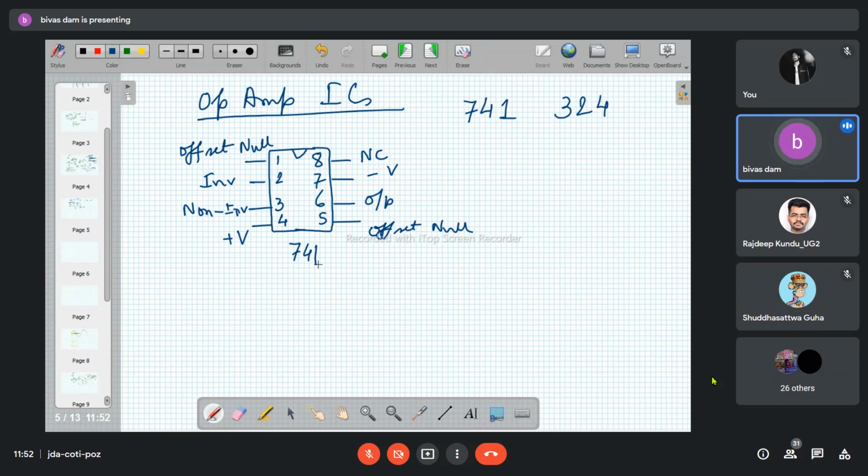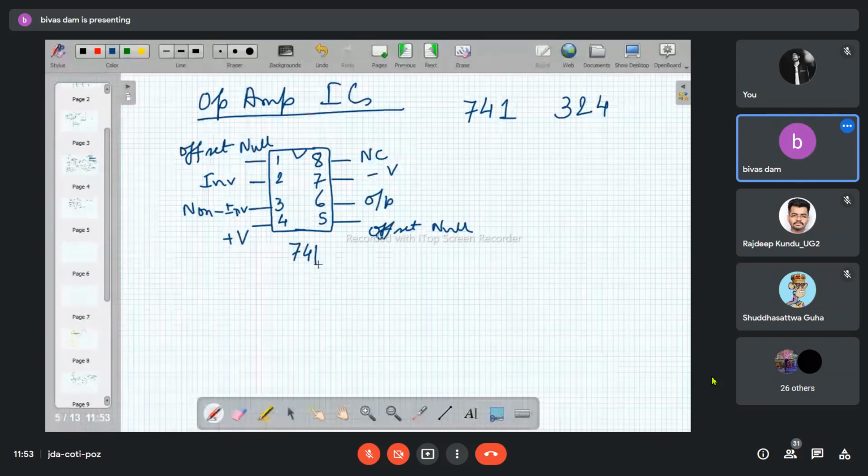So as the parameter condition was somewhat different, the level shifter cannot ensure zero even with the externally applied DC voltages. You may have to readjust that external applied DC voltage through the offset null terminals.